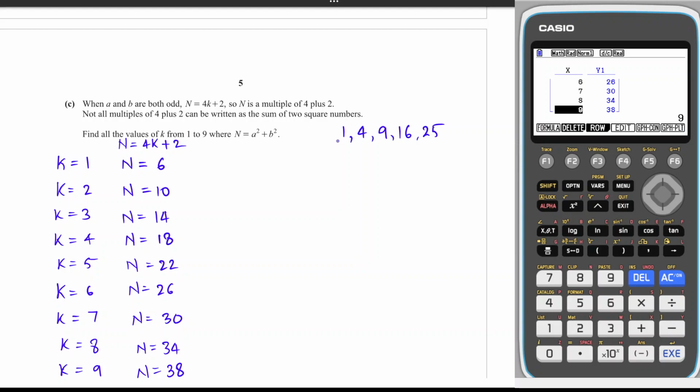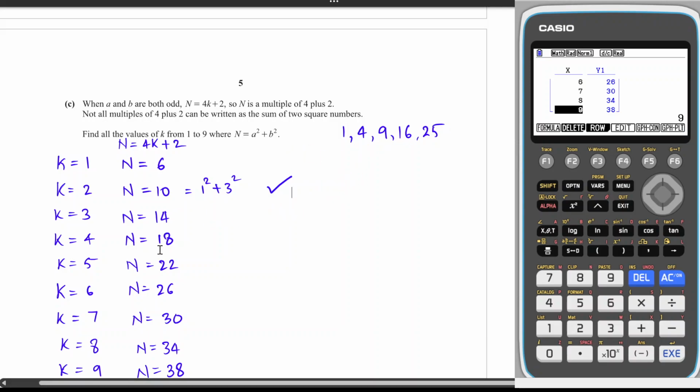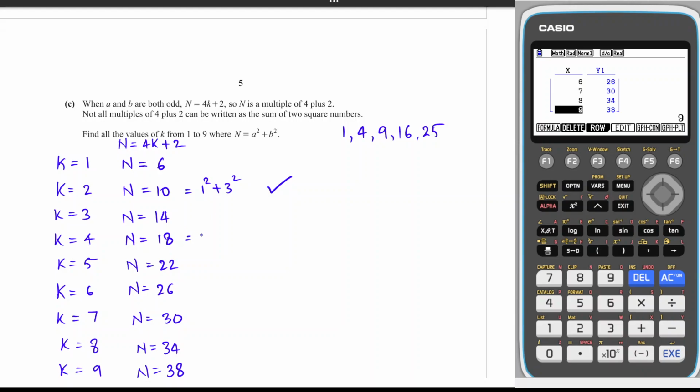So 1 plus 4, no, it will not give you 6. Can I get 10? Yes. 10 is 1 plus 9. So this is 1 square plus 3 square. So this is definitely one of the numbers. 14: none of the numbers add up to 14 over here. So this 14 is not working. 18: yes, 9 plus 9, that is 3 square plus 3 square. So this is also one value.